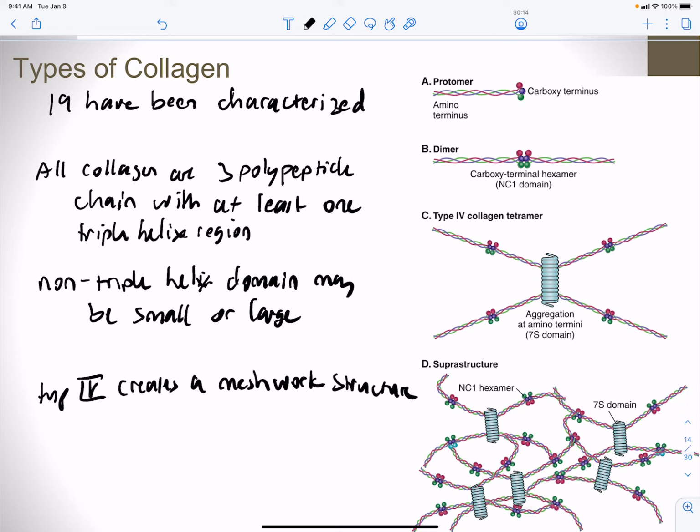So collagen are going to be found again in transmembrane proteins on the epithelial and epidermal surfaces. Type 1, 2, and 3 are going to form fibrils that are going to assemble into large insoluble fibers.